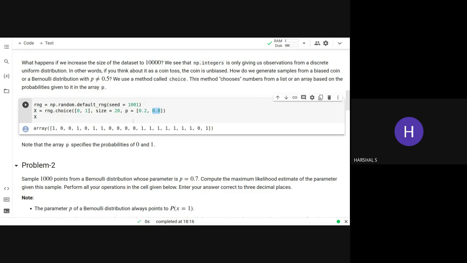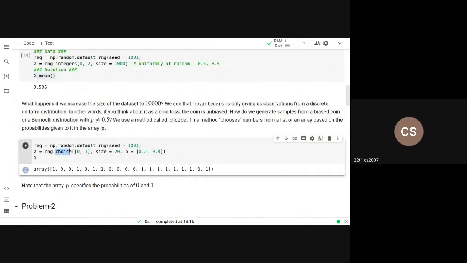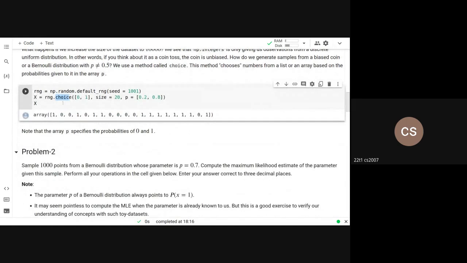Can you explain the last one, part point to point? Yeah, this is a different function or different method. Maybe I didn't mention that. What we are doing here is choice, a method in, again, this random number generation library. Whatever list you give it, it will pick one number from it.